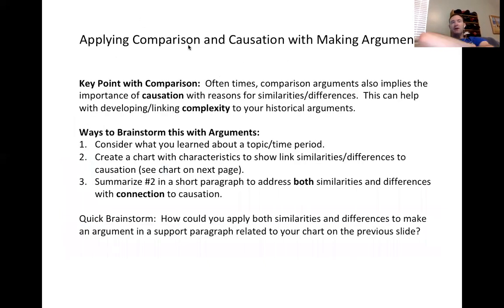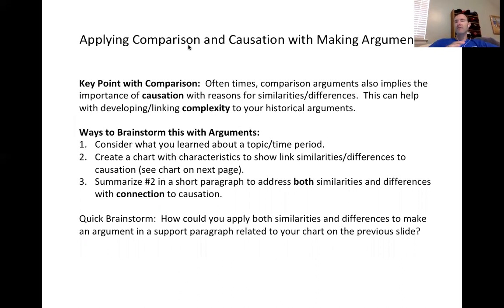And so the question is, how do we connect comparison to causation? Well, we're trying to make an argument about comparison. There is an implication about bringing causation into the reasons for similarities and differences. So what does this mean?